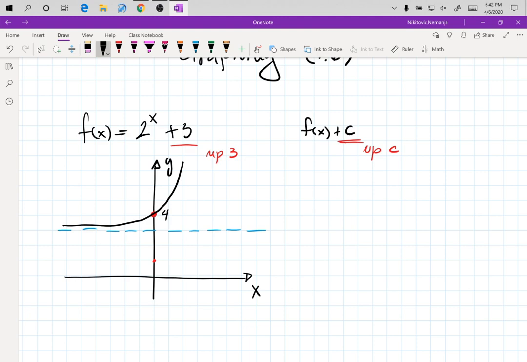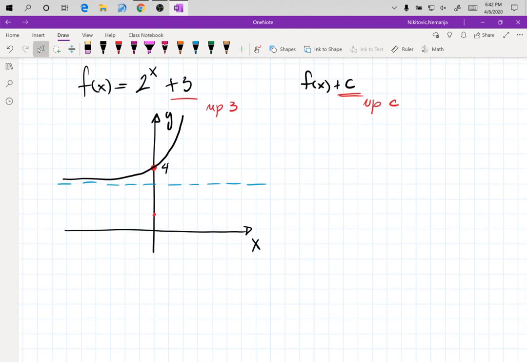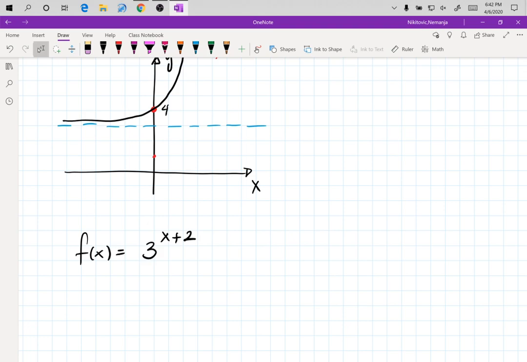Woohoo, right? Can we shift down? Sure, just put -2 and put the blue line at -2, right? And then you're done. Can we shift left and right? Yes. Say you have f of x is equal to 3 to the x plus 2, whatever. See, now plus 2 is attached to x, right?